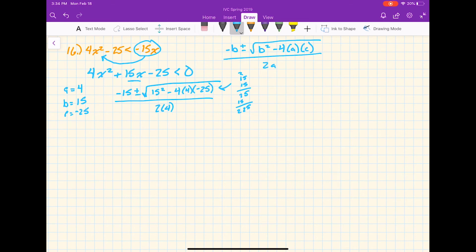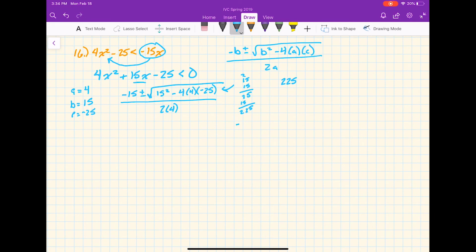So 15 squared is 225, and then let's look at the negative 4 times 4 times negative 25. So negative 4 times 4 is going to be negative 16. And then multiply that times negative 25.